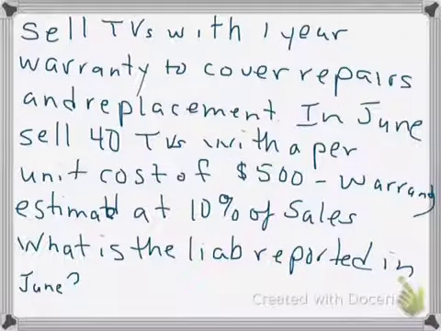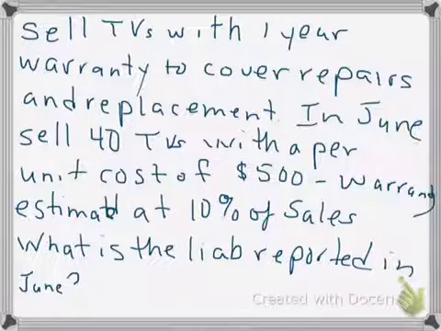The other item that we look at here is warranty. So warranties are contingent liabilities. In other lectures that I have on Blackboard, we talk about contingent liabilities. This is a contingent liability that we can estimate the amount for, and it's probably going to happen.